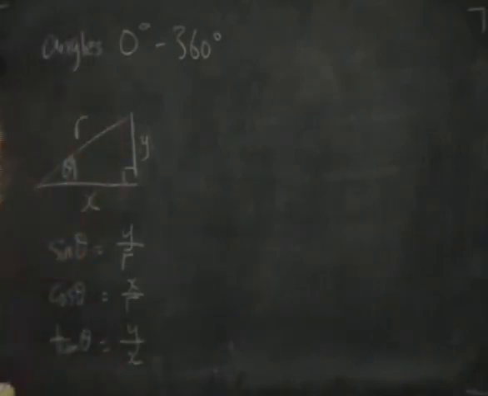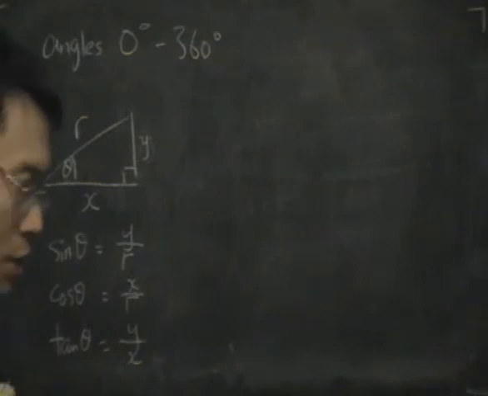So we have understood the meanings of sine, cosine and tangent using this right-angled triangle.